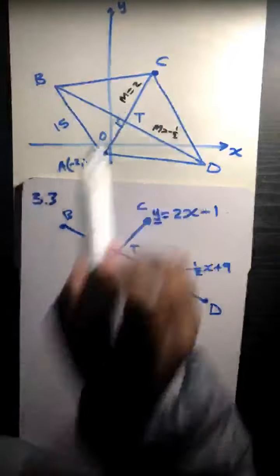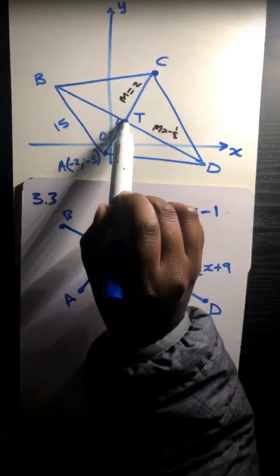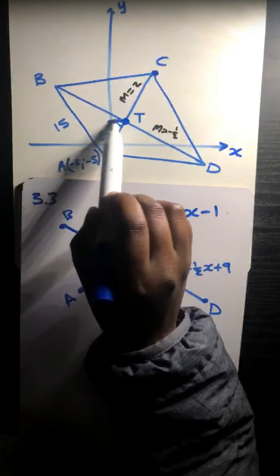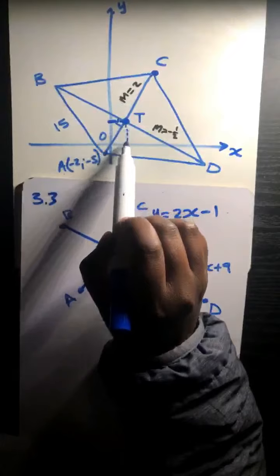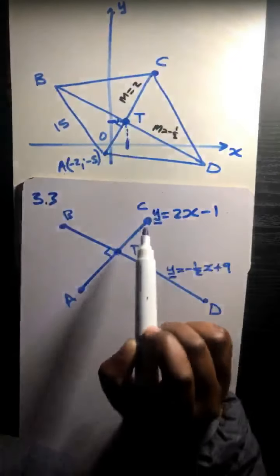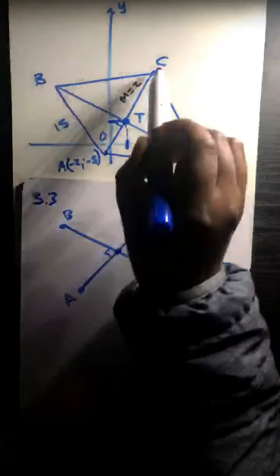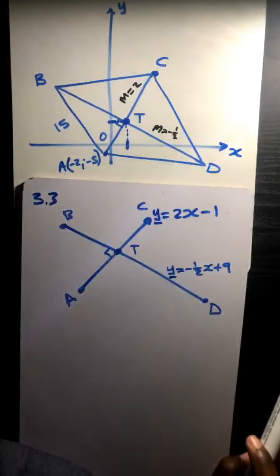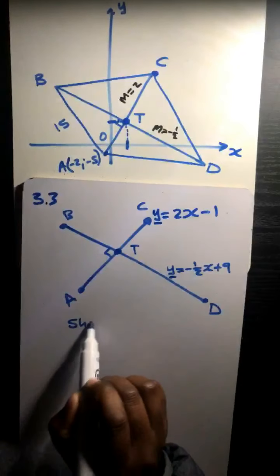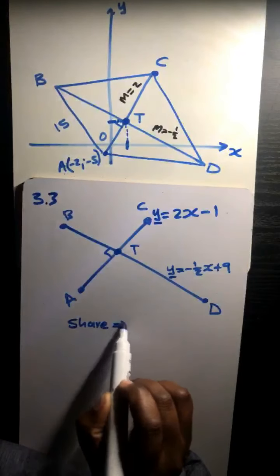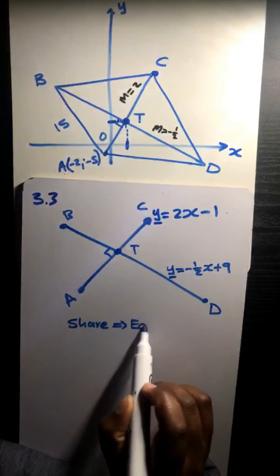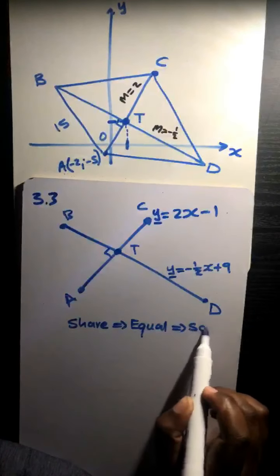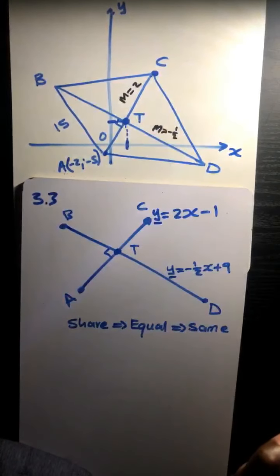It simply means the y at that point, and also the x, these two lines actually share the same coordinates at that point. So we can use these words: either they share, or someone can say they are equal, or same coordinates at that point.